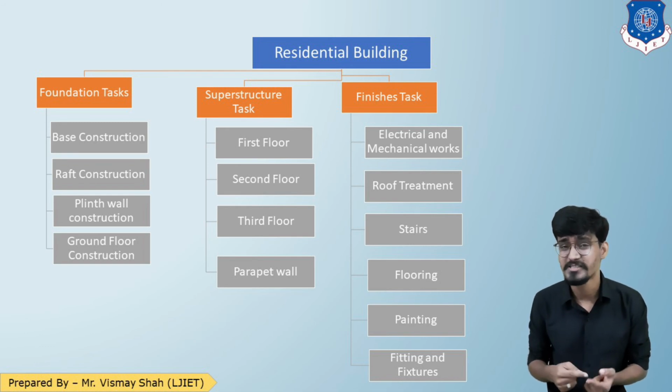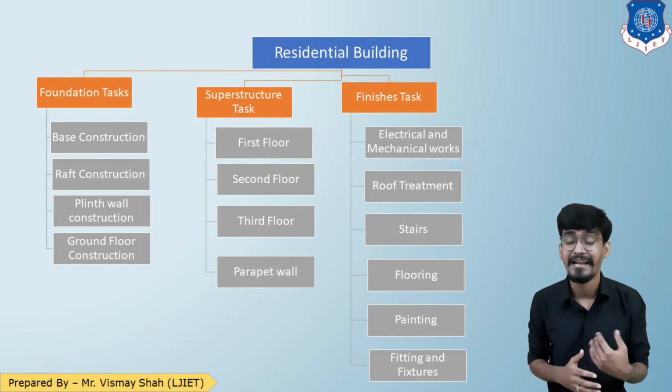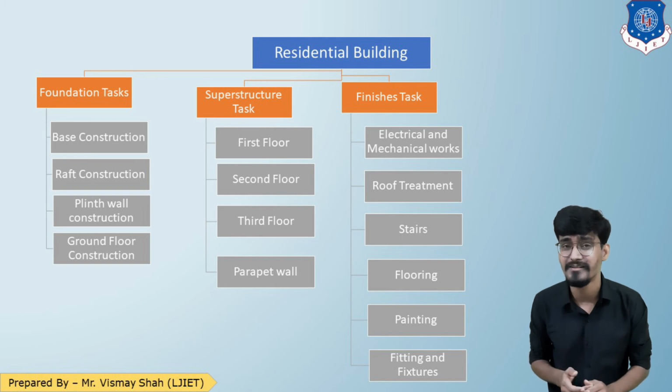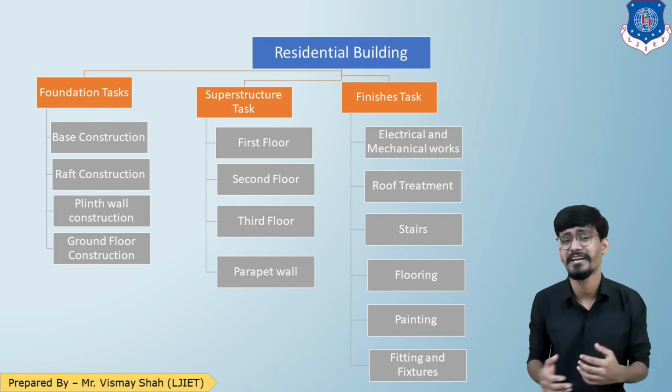The superstructure task involves work packages such as first floor, second floor, third floor, terrace and parapet. And the finishing task involves work packages such as electric and mechanical work, roofing treatment, stairs, flooring, painting, etc.